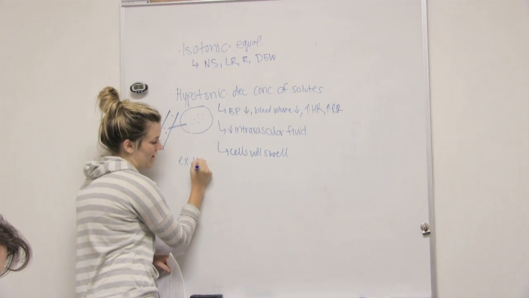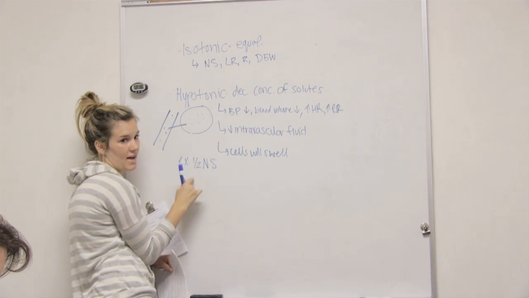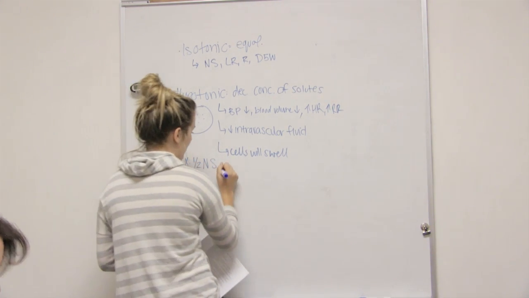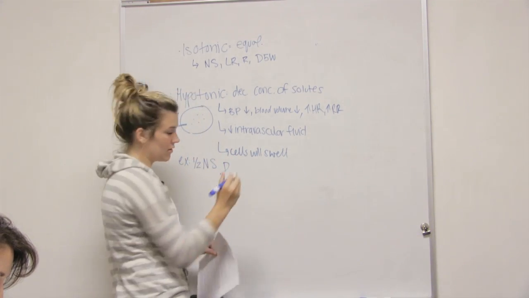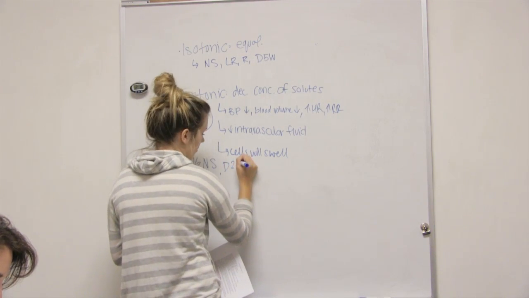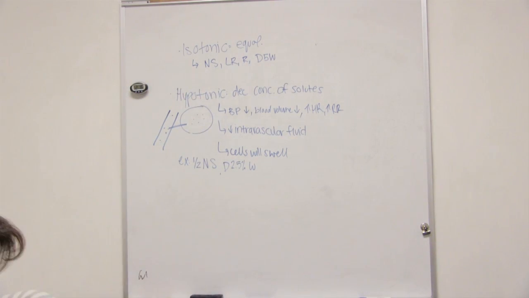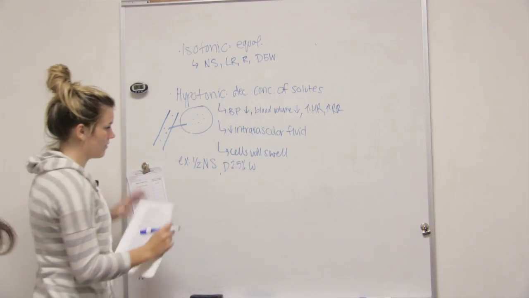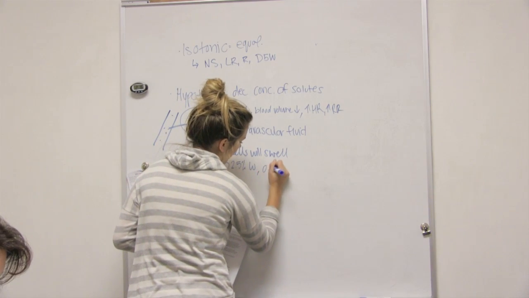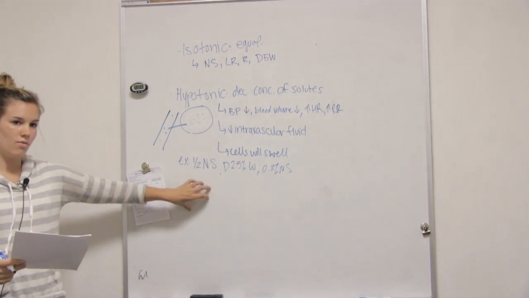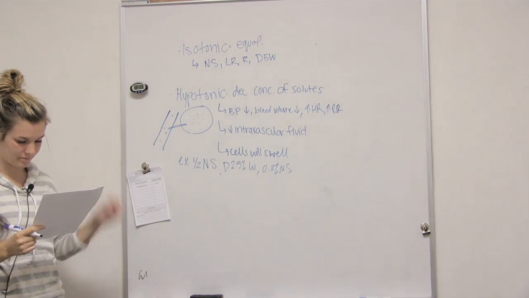When you have half NS, that is hypotonic because you have half the concentration you normally do. Or instead of D5W, you have 2.5% W. Or there's even 0.3% NS. Does that make sense? Any of your percentage ones where there's lower concentration.